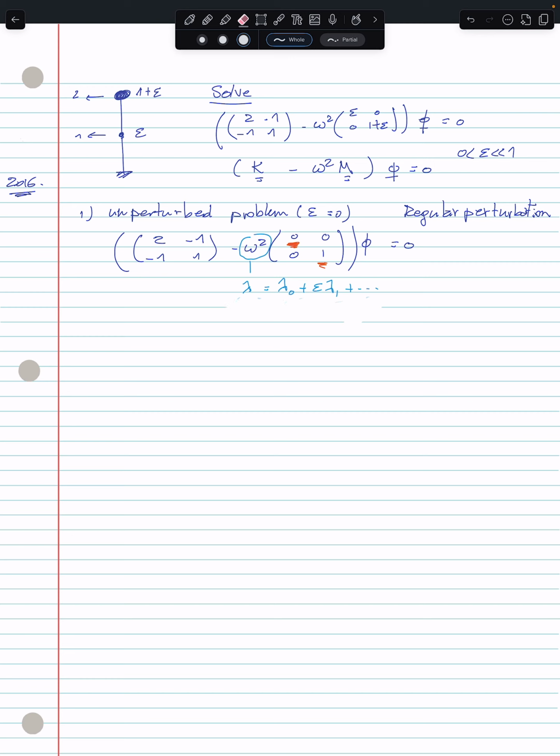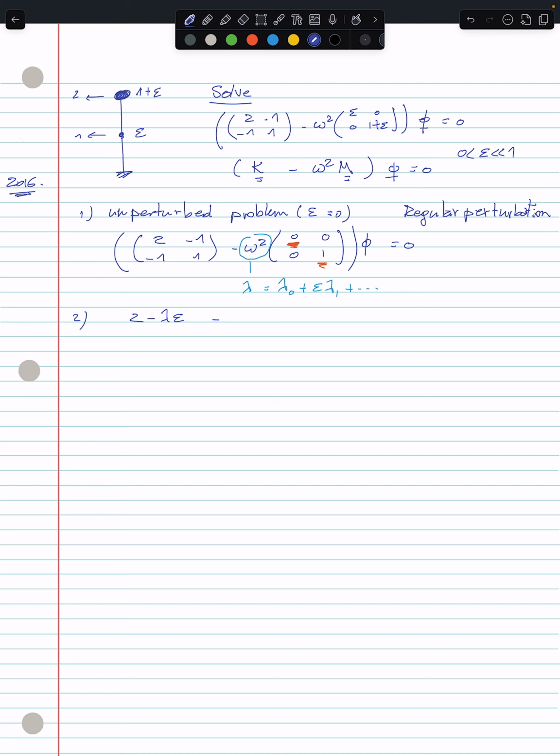So I'm just going to rename omega squared. I'm going to rename it lambda. And so the problem that we need to solve is, could put it probably in a smart way, like 2 minus lambda epsilon minus 1.